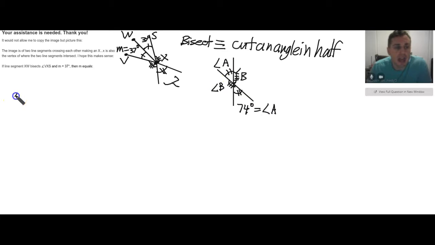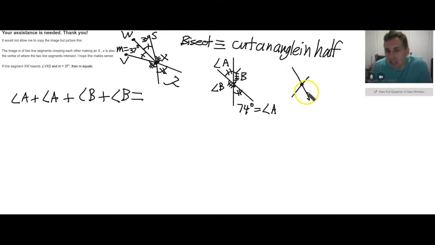So we should say angle A plus angle A plus angle B plus angle B is equal to, now when you go all the way around some intersection point in a plane, that is on a flat piece of paper or a flat whiteboard, you go all the way around, that's 360 degrees. So this should be 360 degrees.